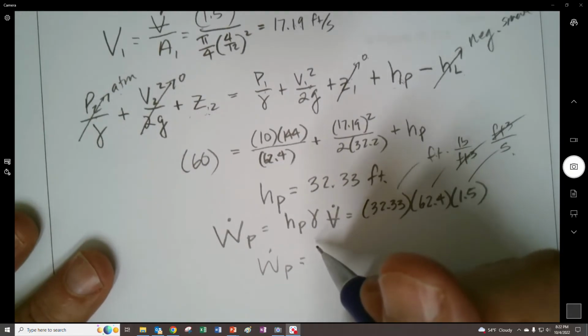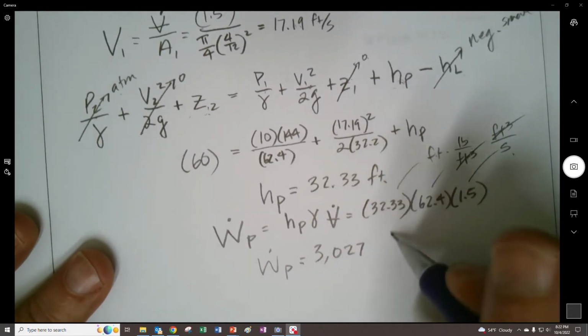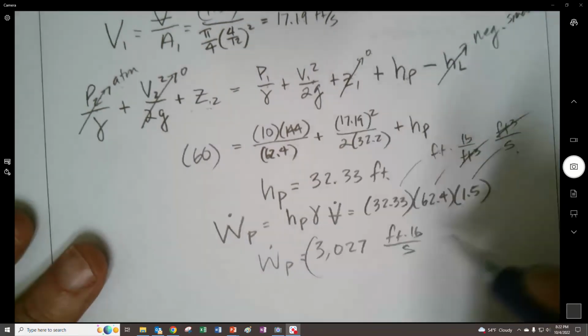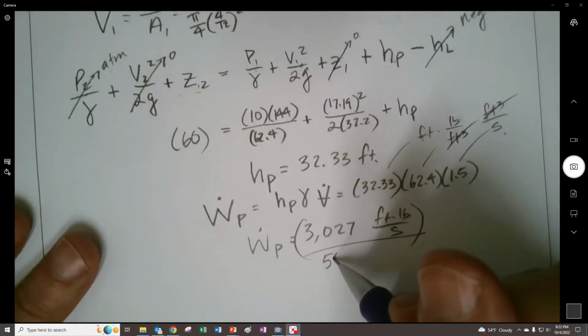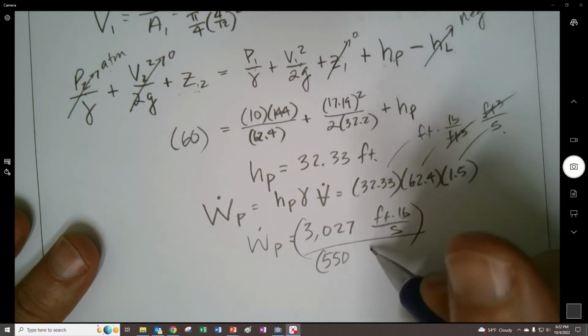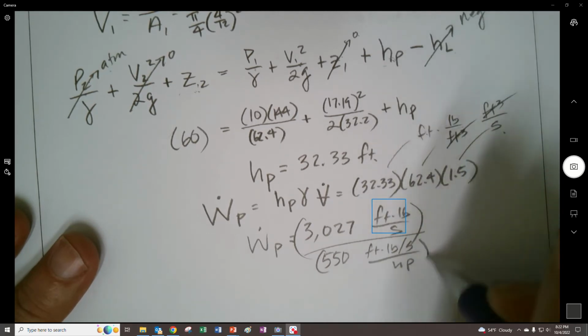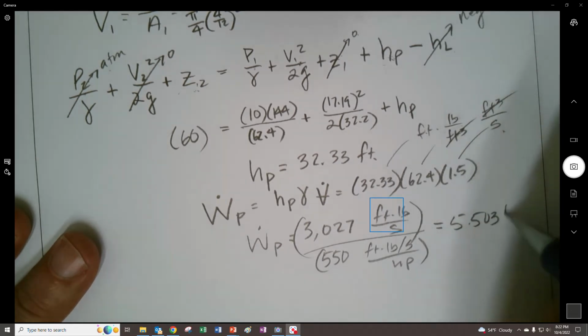It comes out to 3,027 foot-pounds per second. But I don't know what those are, but I do know what a horsepower is. And so we can divide by 550 foot-pounds per second per horsepower and come out with 5.503 horsepower.